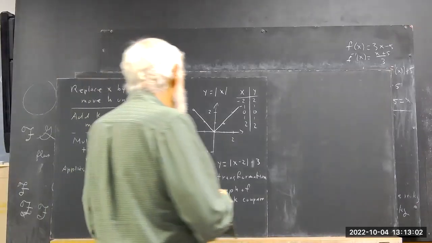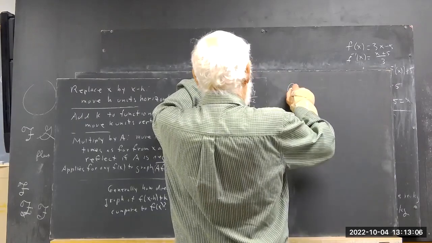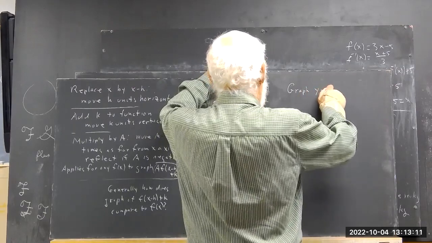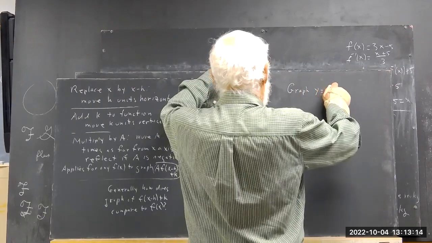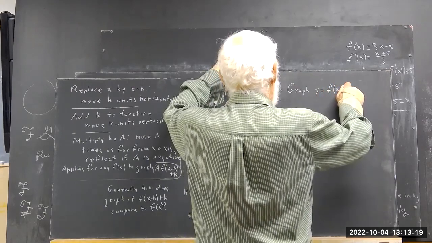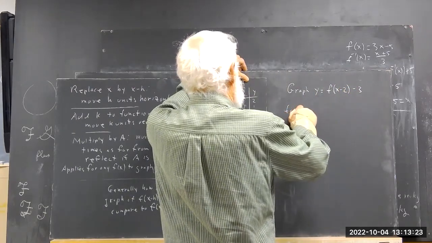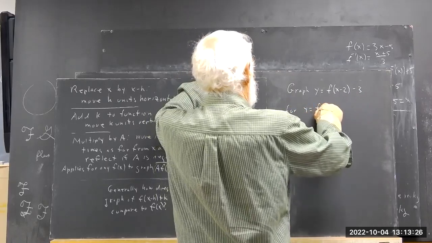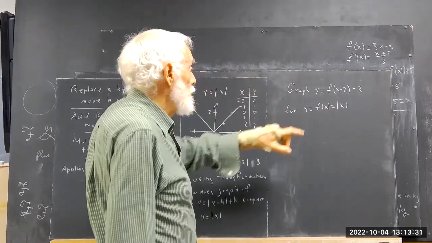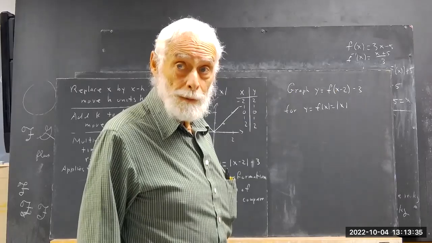Okay, so we want to graph y equals f of x minus 2 minus 3. Okay.